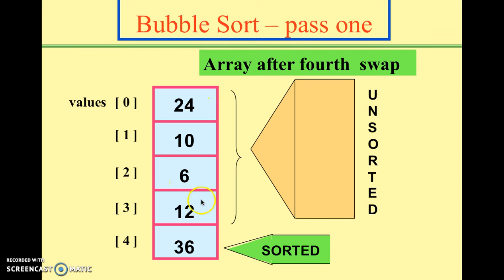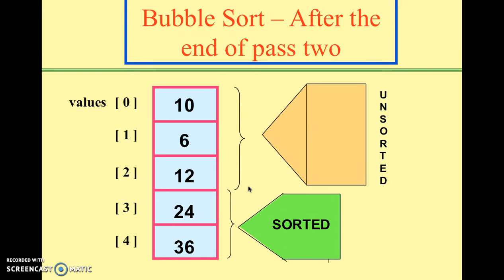So really 24, after the pass through this unsorted array, should bubble here, and that's exactly what happens. So now we increase the sorted array by 1, one more element became sorted, and the unsorted reduced to just 3 elements. So that's basically the principle.